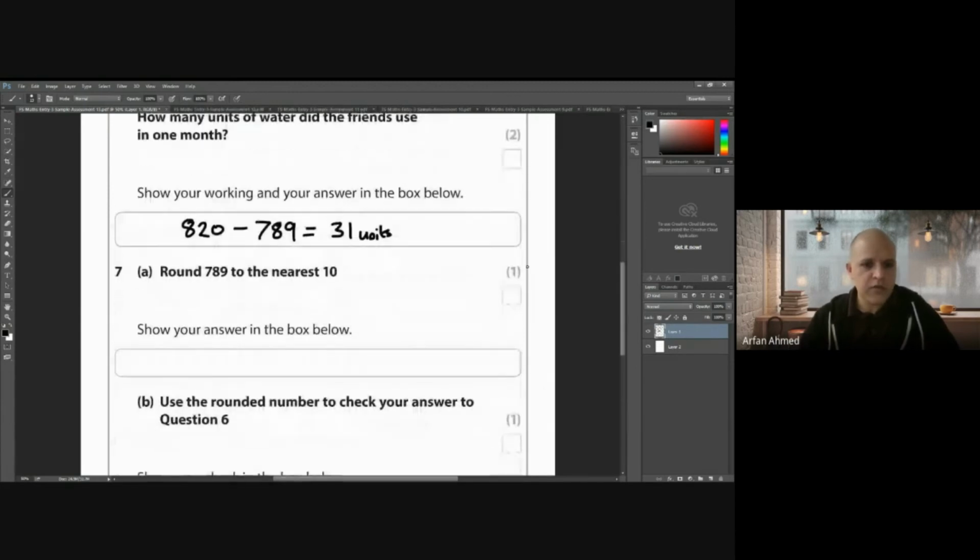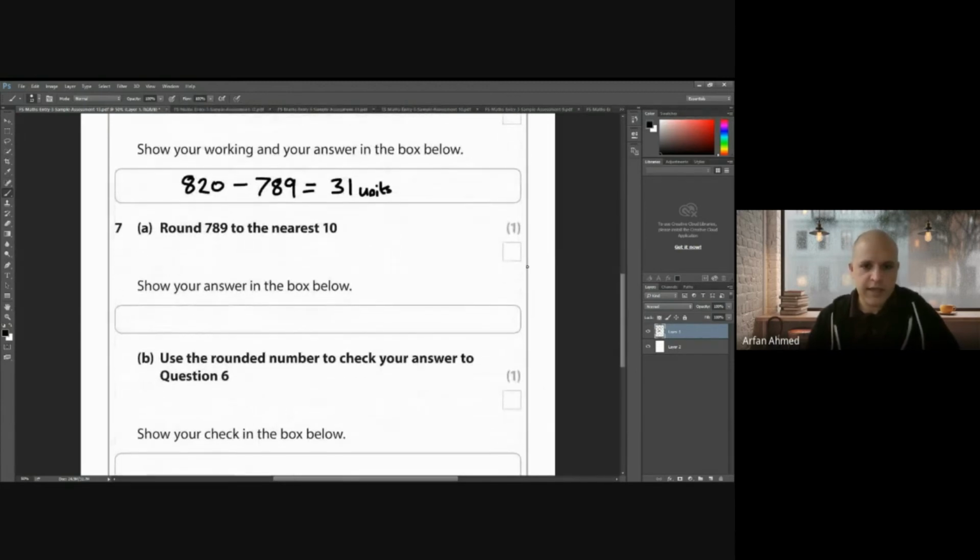Then it says round 789 to the nearest 10. Show your answer in the box below. Well, 789 to the nearest 10. That's your units.